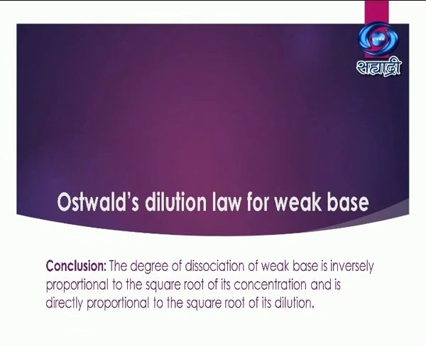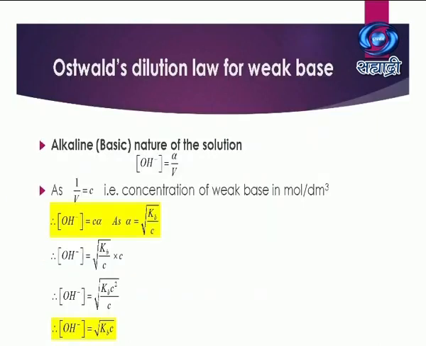Degree of dissociation of a weak base is inversely proportional to the square root of its concentration and is directly proportional to the square root of its dilution. Now, this solution is alkaline or basic. So the alkaline or basic nature is due to the presence of OH minus ions. The concentration of OH minus ions can be calculated using the expression alpha upon V. This we obtained from the table.